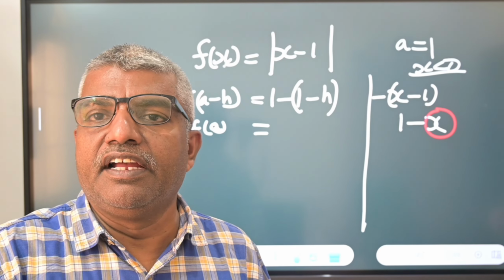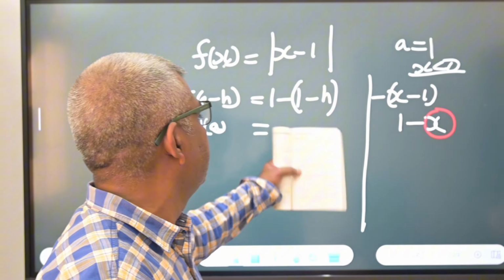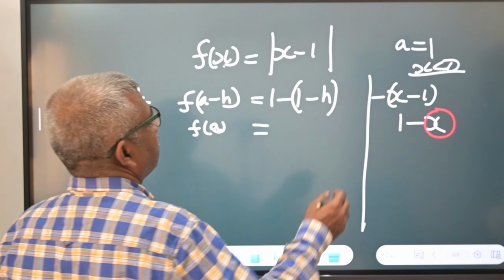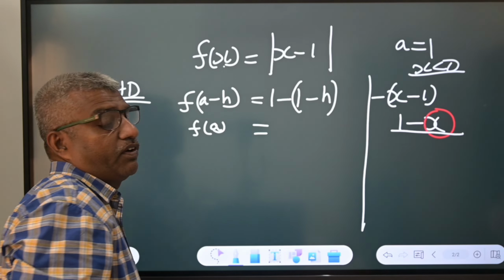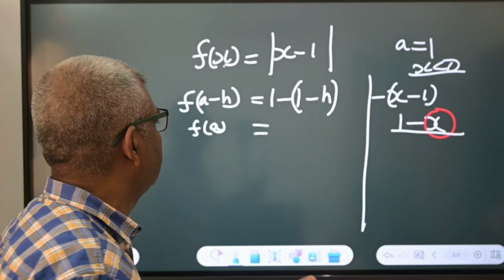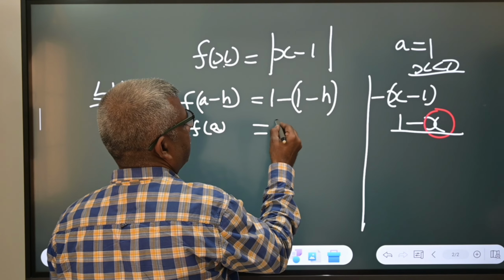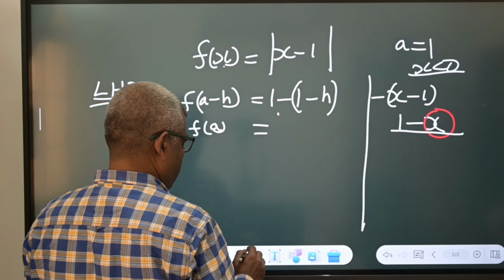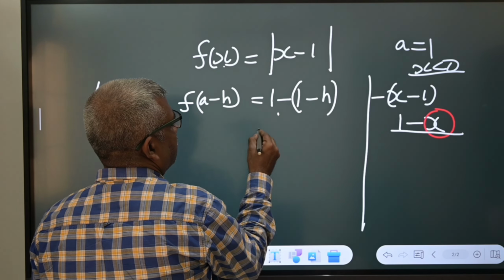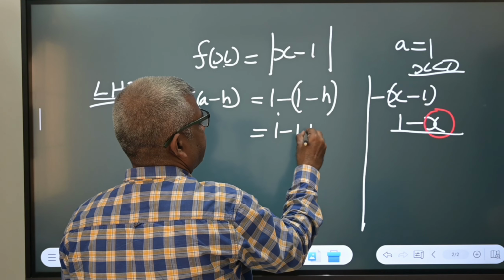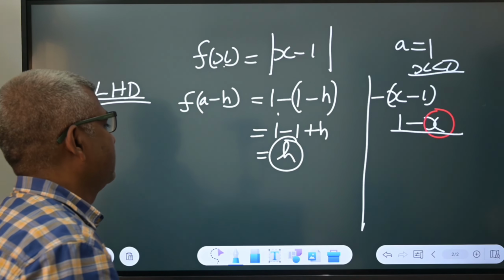A is 1, and instead of x I am putting 1 minus h into the function 1 minus x, not x minus 1, because x is less than 0. This is the main point. So what will come? 1 minus of 1 minus h, that is 1 minus 1 plus h. So f of a minus h is h.